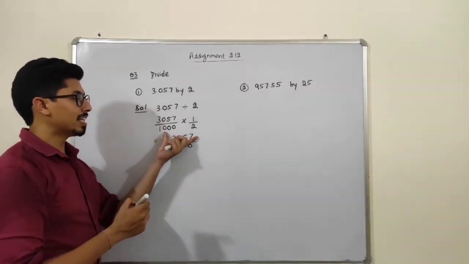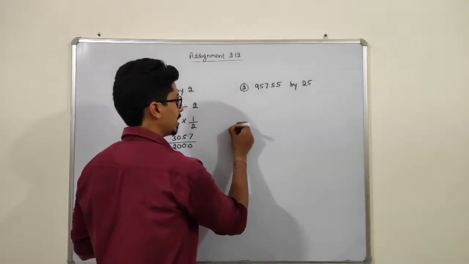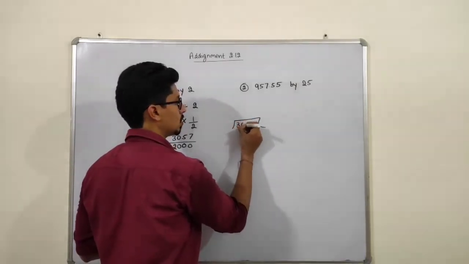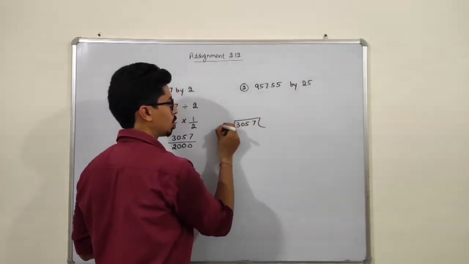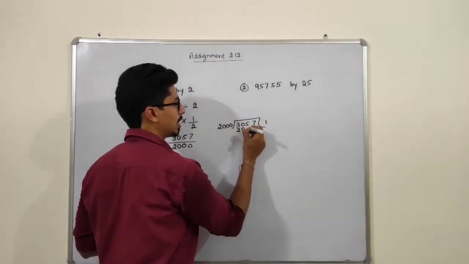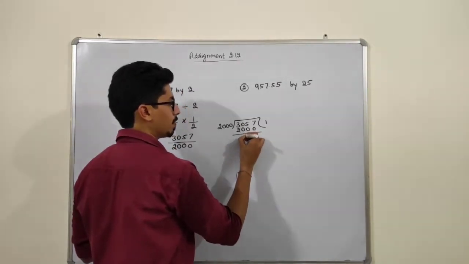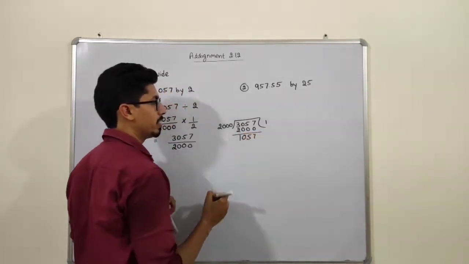Now I have to divide this number by 2000. So, 3057 divided by 2000: 2000 as it is, and 7, 5, 0 and 1 as it is, students.